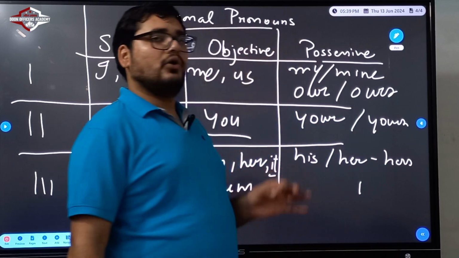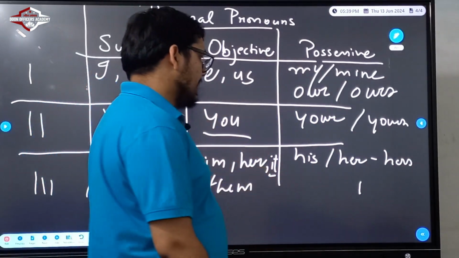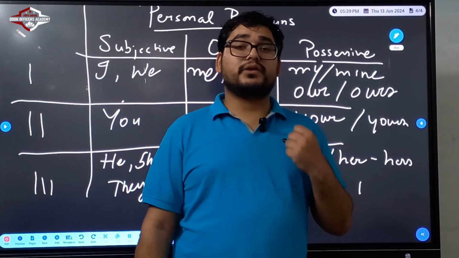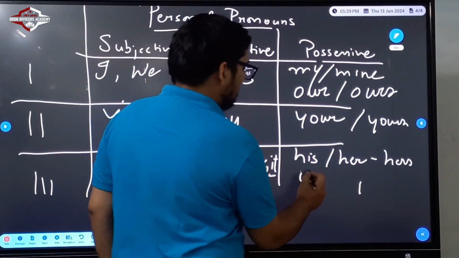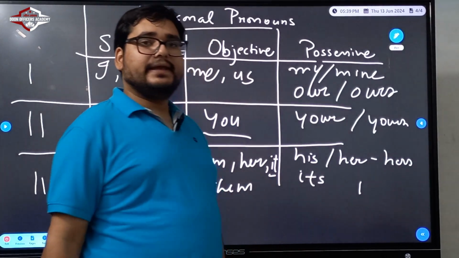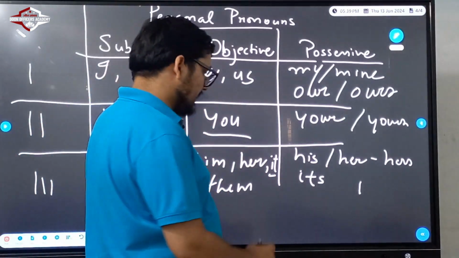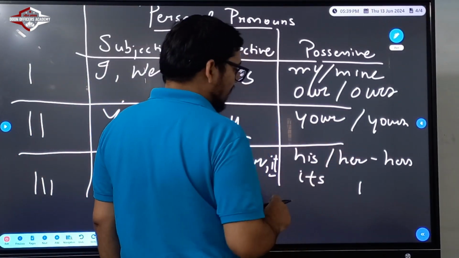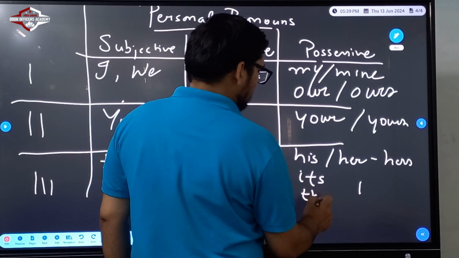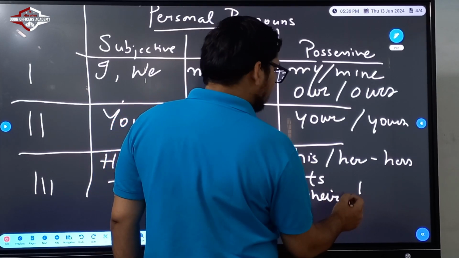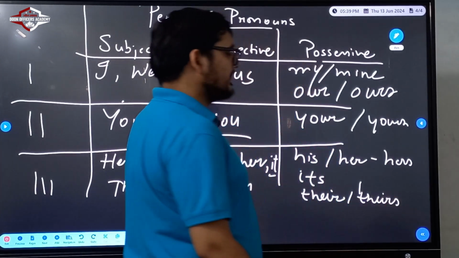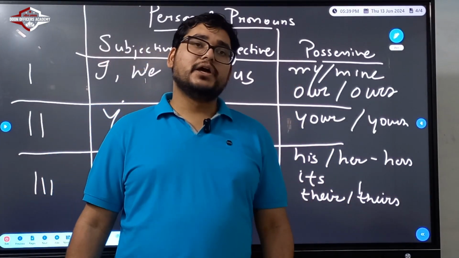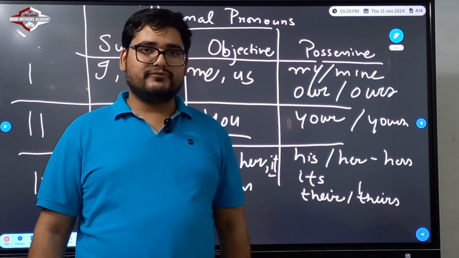Then, let's talk about neuter as well. So, neuter, its. Next, let's talk about the third person plural pronoun. You have their, and again, you have two ways, their and theirs. So, these are your possessive pronouns.